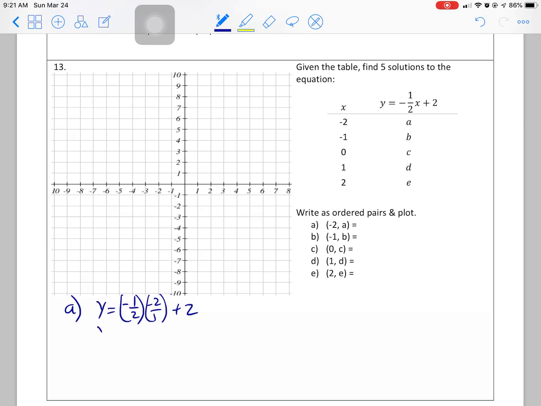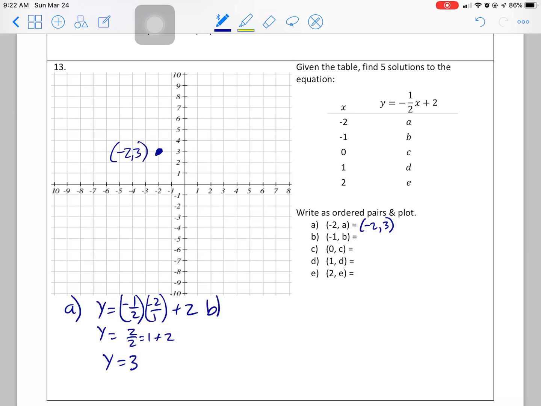All right, so y equals negative times negative is a positive, 2 over 2, which is a 1, plus 2. So y equals 3 when x is negative 2. So here the answer is negative 2, 3.